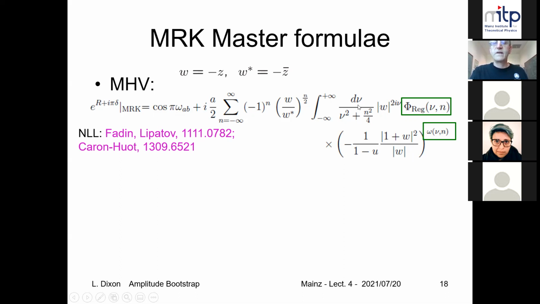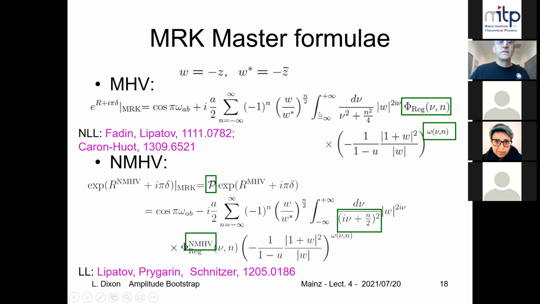It has an integral over nu, which is a Mellin transformed variable, and it also has a Fourier transform involving the phase of W. Traditionally, W was used, but it's just the negative of Z. So the phase part is the Fourier sum, and this is an inverse Mellin integral.